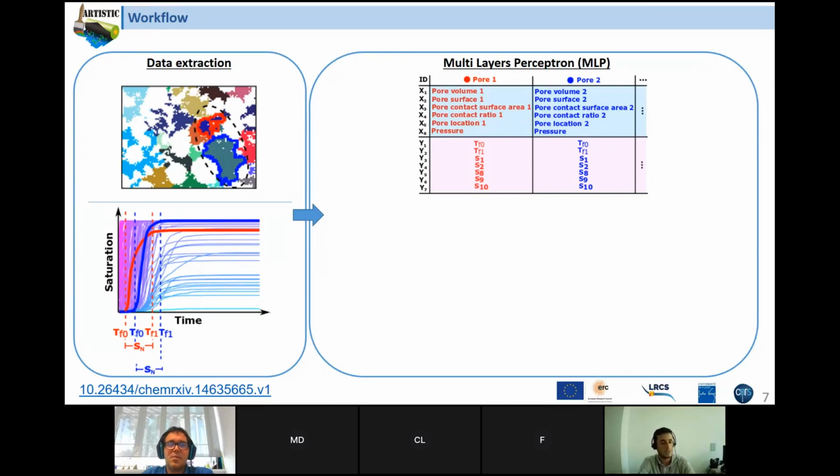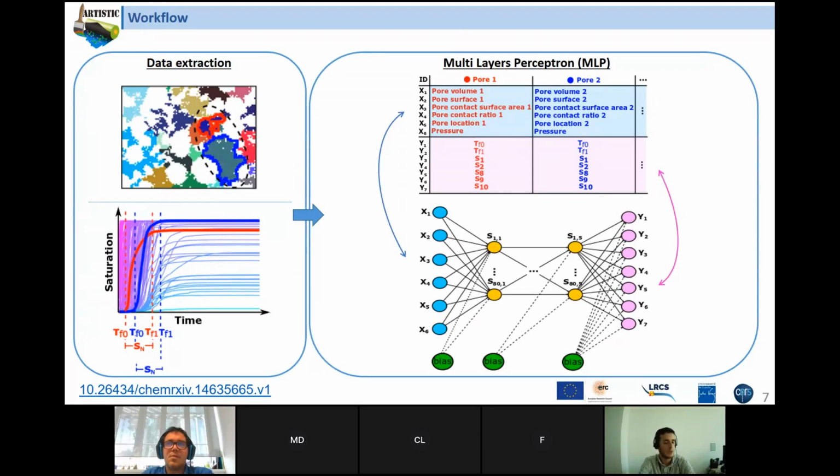And those datasets were used as inputs for a multi-layer perceptron, which is basically a neural network. On the other side, we have the relevant features of the saturation curves, which were used as outputs for the network.